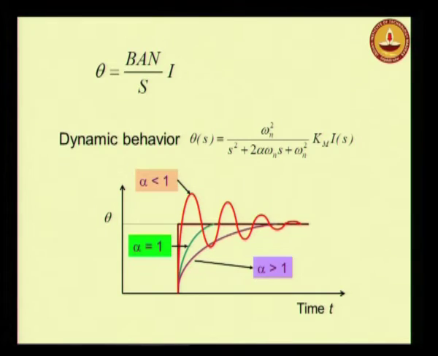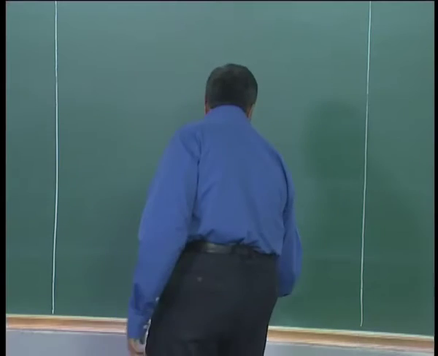So in this we talked about the time for the meter to give me the correct reading. This time we know is called the settling time.